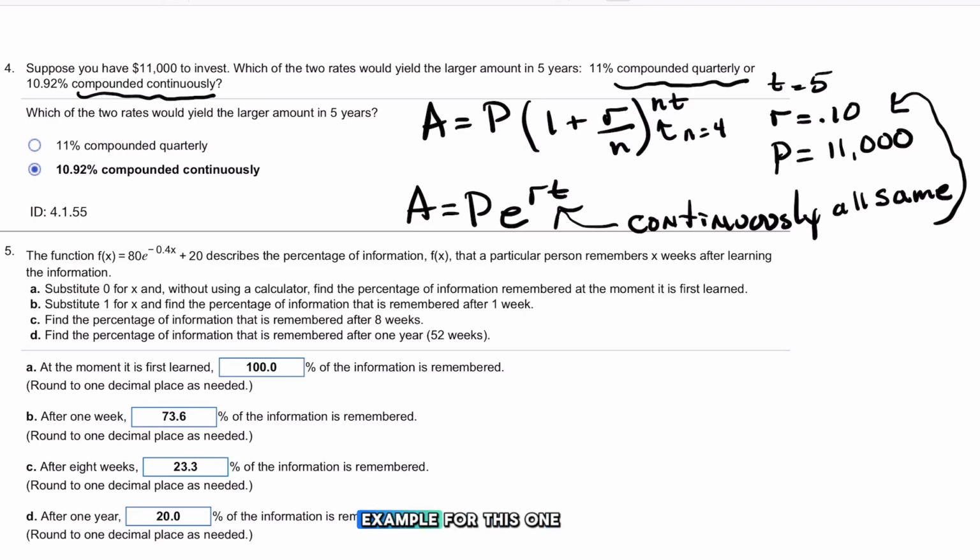So just use the example for this one to finish. You just plug the numbers in. And I made a little mistake where r is equal to 0.10. It should be 0.1092. And yes, use all those decimal places. So just be a little bit careful about that one.